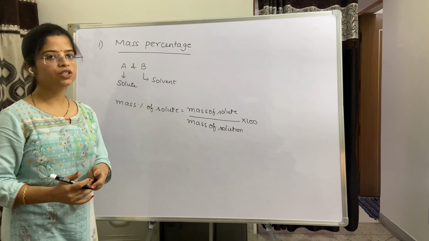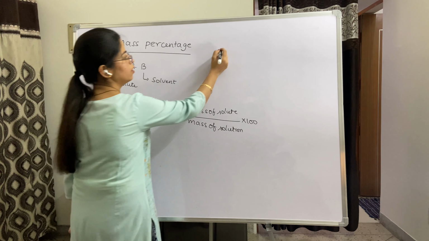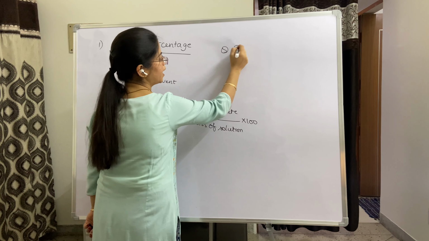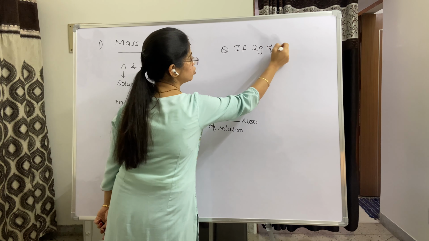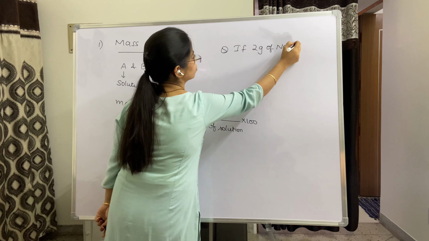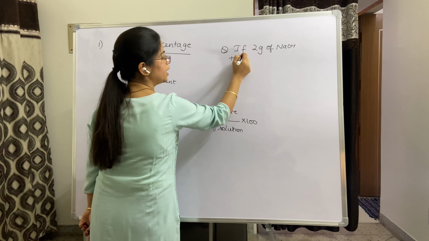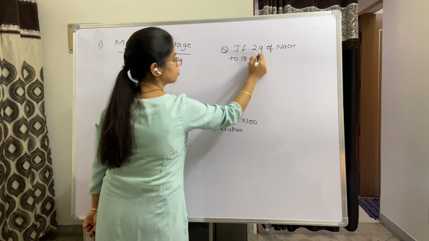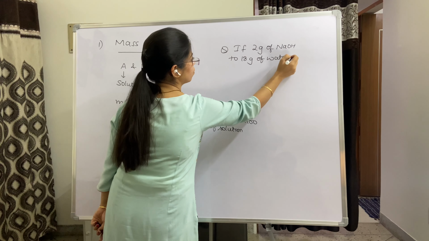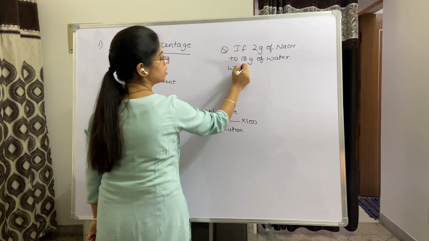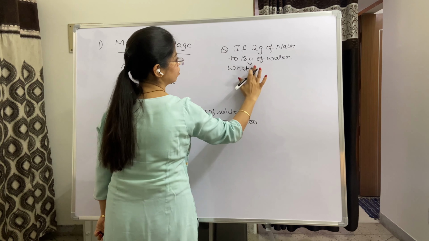We can understand this topic by taking one example. If we are adding 2 gram of NaOH to 18 gram of water, what will be the mass percent of solute?